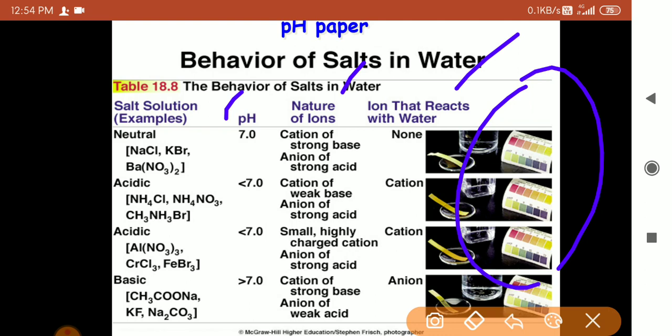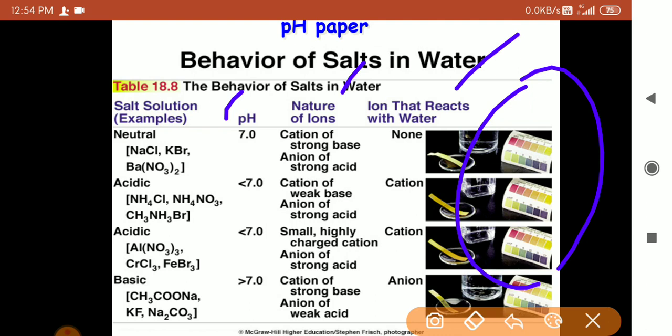See, neutral solutions: NaCl, KBr, Ba(NO3)2, pH will be 7, cations of a strong base, and the ion that reacts with water: none. Then second is acidic: NH4Cl, NH4NO3, CH3NH3Br.